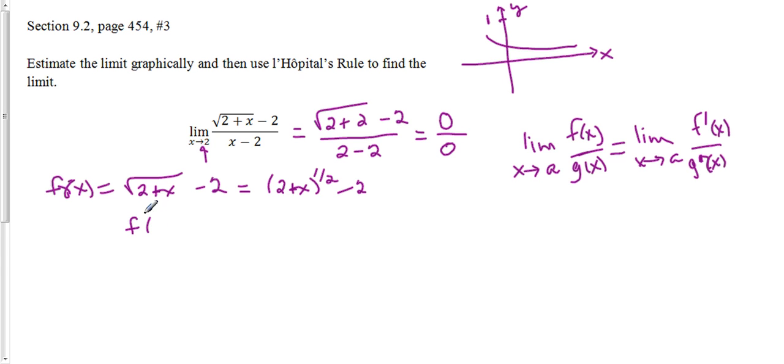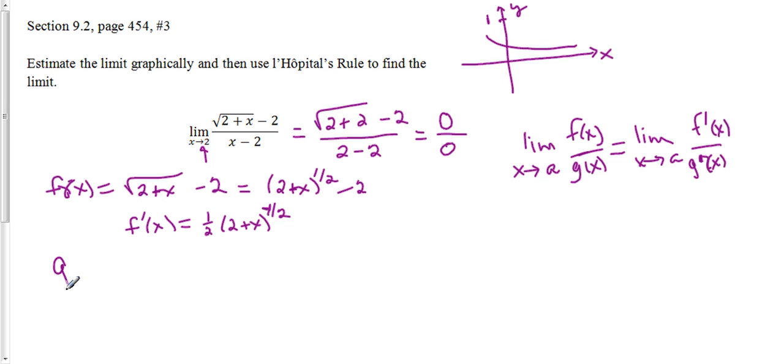And then let's take f prime of x. So I'm going to bring that 1/2 down. I'm going to have 2 plus x. I have to decrease the exponent by 1, so I get negative 1/2. And then this negative 2 over here, when I take its derivative, I just get 0.